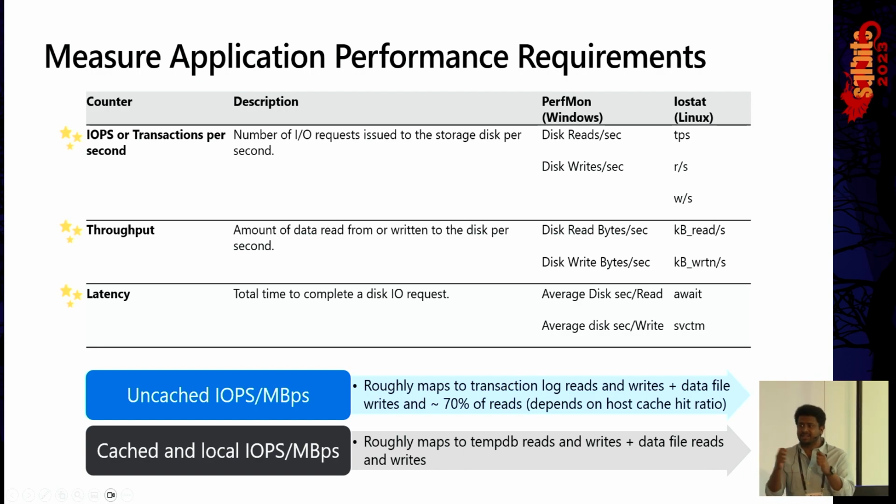You might need to understand this for each and every type of workload. And then by taking this, you need to account for the things that I have told you previously. What is the type of disk that I need to take? What is the type of VM I need to select? et cetera. So these are the things that you might need to measure.